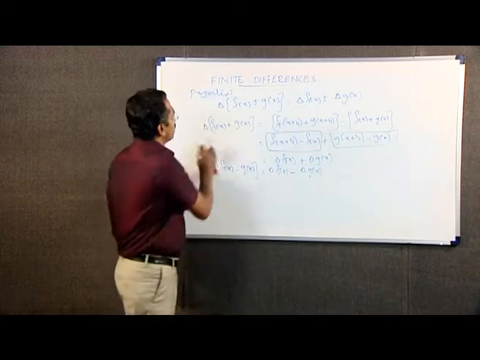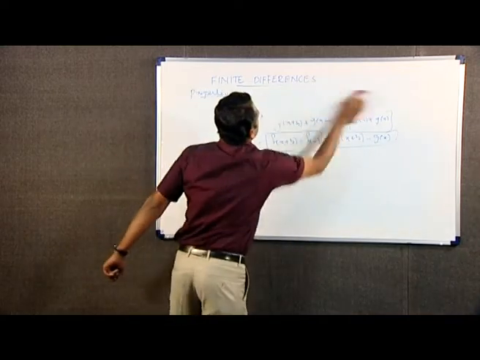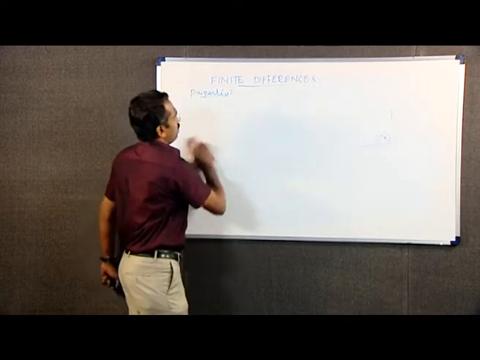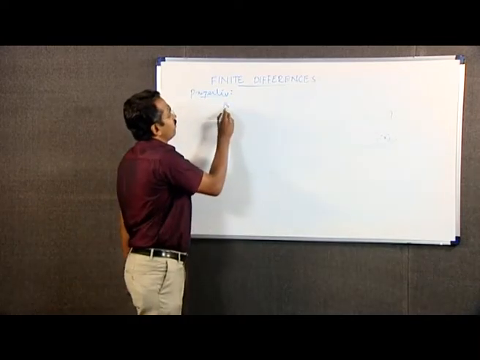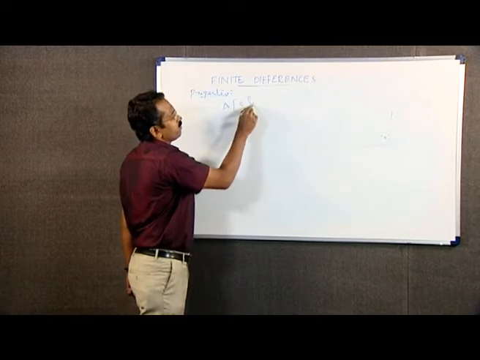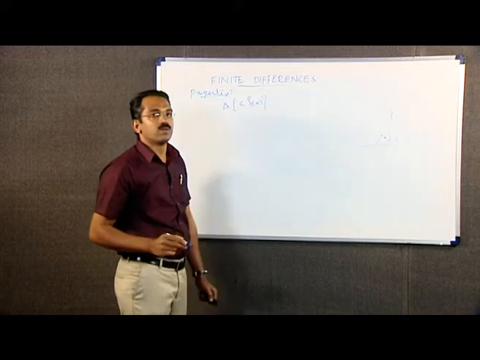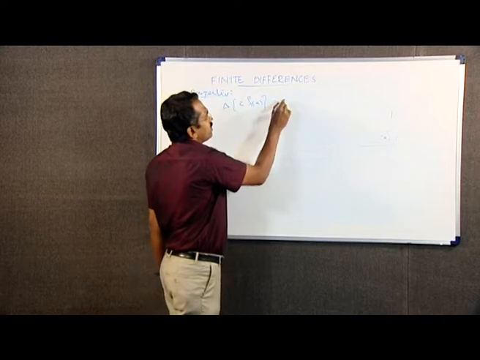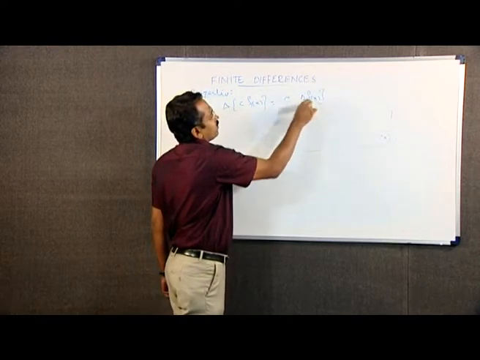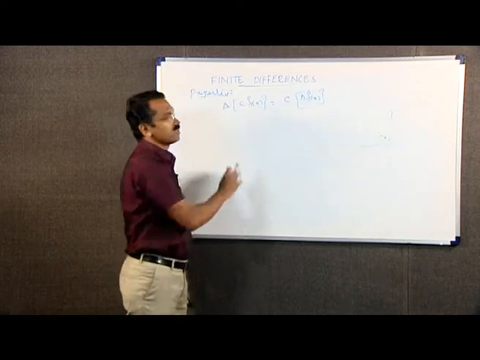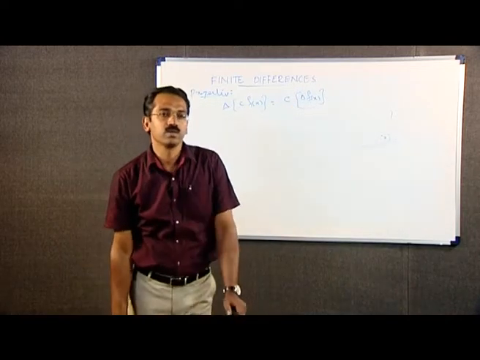And the third one is, if c is a constant, then delta of c into f of x is equal to c into delta f of x. The constant c can be taken outside.